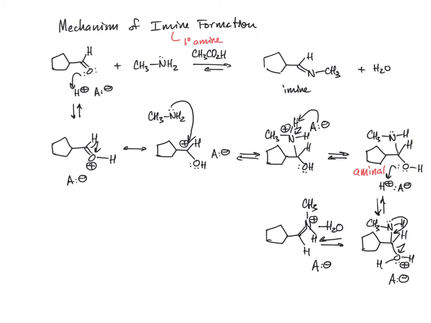So what do we need to do to get from here to the final product? We're simply regenerating our catalyst at this point. So the conjugate base abstracts this acidic proton. We break this bond, put the lone pair on nitrogen, and we end up back at a neutral species. And just show our acid that's reformed.